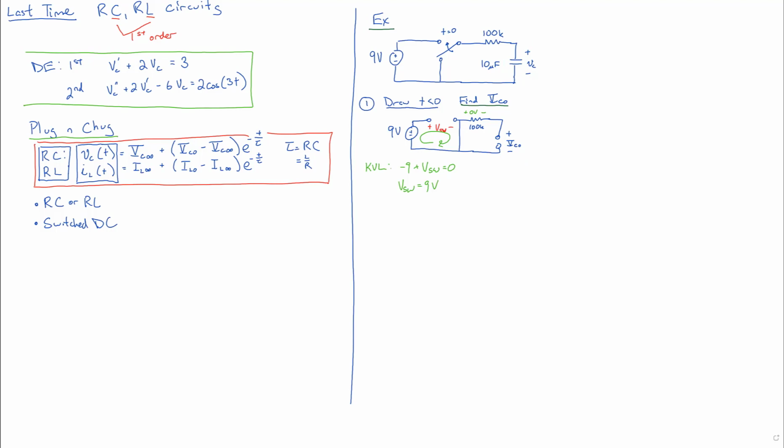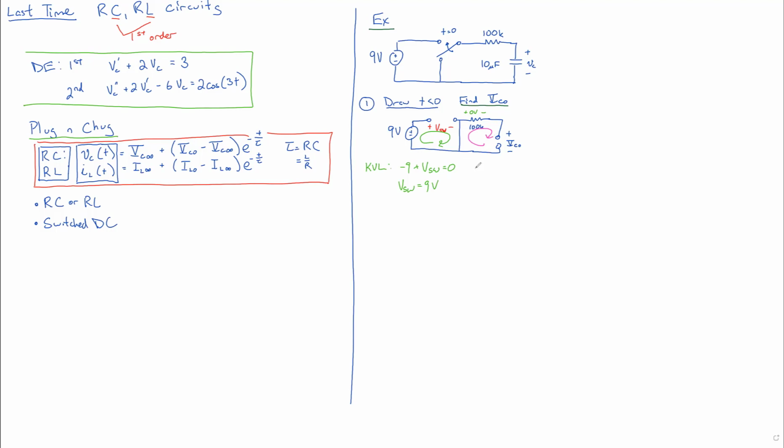VC naught is 0. Why? Because it's just one loop. It's just connected back to itself with a resistor in between. Right. So what you're doing is a KVL around here.